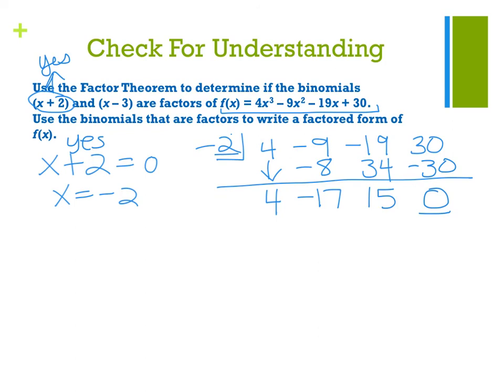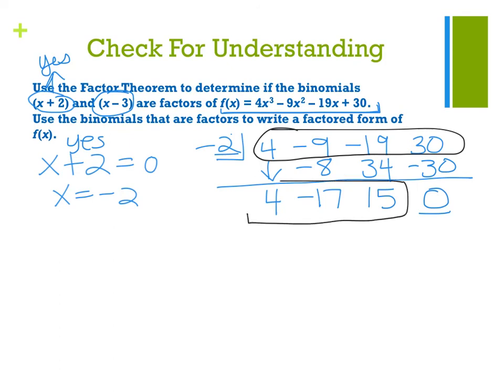So now what I need to do is check to see if x minus 3 is a factor of f of x, this cubic polynomial. Now remember, if the first factor checks out, I do not need to go all the way back to these coefficients that we started out with, the 4, the negative 9, the negative 19, and 30. What we can use is these new coefficients, but we can only use them if our first remainder was equal to 0.